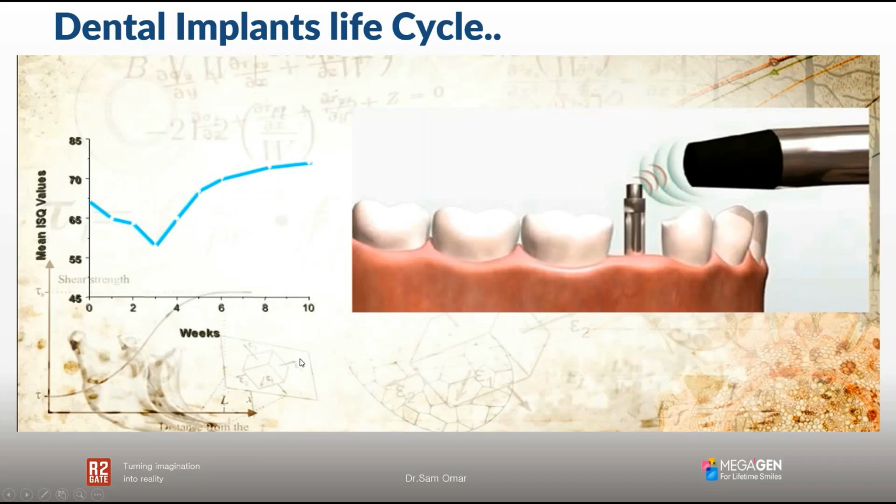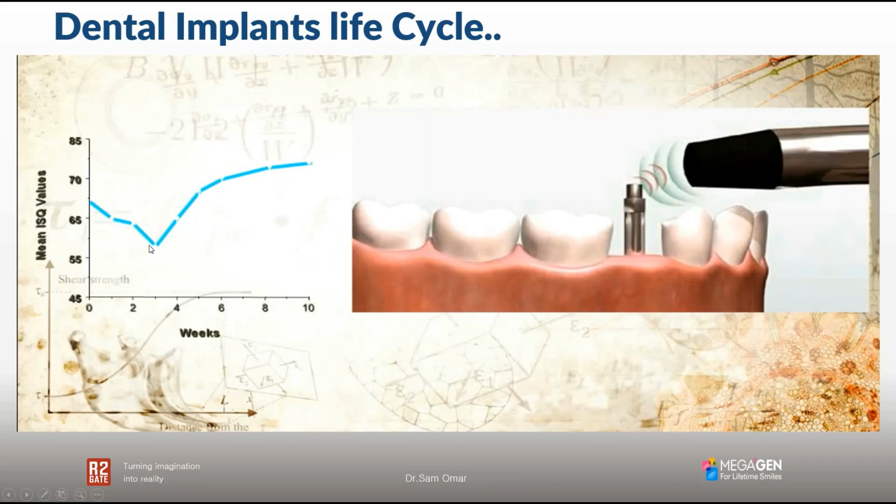Because we have access to such beautiful technology, we're really able to know the life cycle of a dental implant. When we place the implant, we place it with a certain amount of primary stability. Primary stability is mechanical in nature. But you'll find that after a few weeks, we get a drop in the implant primary stability.